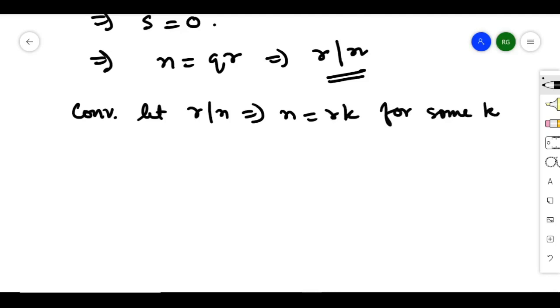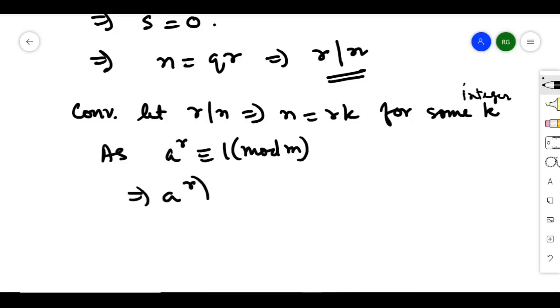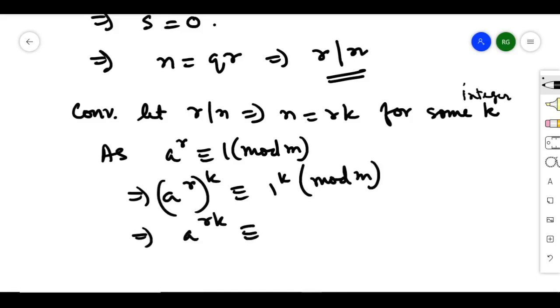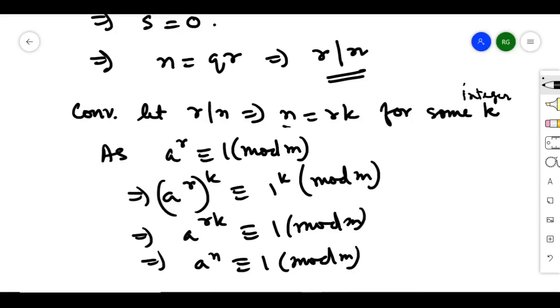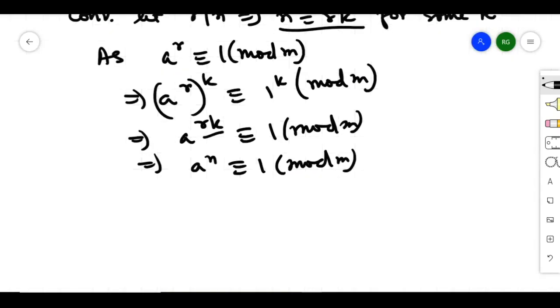Now, as r is the order of a, a to the power r is congruent to 1 mod m, and that will give that a to the power r whole to the power k is also congruent to 1 to the power k mod m, a property of congruence. That will give that a to the power rk is congruent to 1 mod m, and that will give that a to the power n is congruent to 1 mod m, because we have n equal to rk. So in place of rk we have put n. So it is an if and only if statement which is proved.